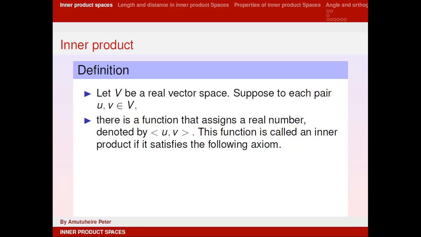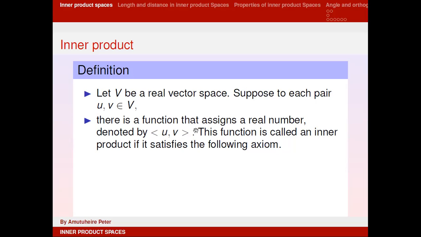The inner product is a function, just like we looked at a linear function last time. Last time we said a linear function, when you give it a vector, computes and returns a scalar. So likewise, the inner product is a function. When you give it two vectors u, v, it returns a number.